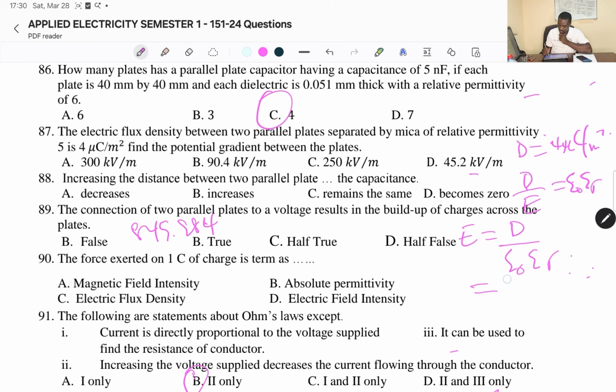This is 4 times 10 power minus 6 over, this is a constant, right? 8.854 times 10 power minus 12 times the relative permittivity, which is 5, right? So we have here 5. So with this, we can just do this, right?